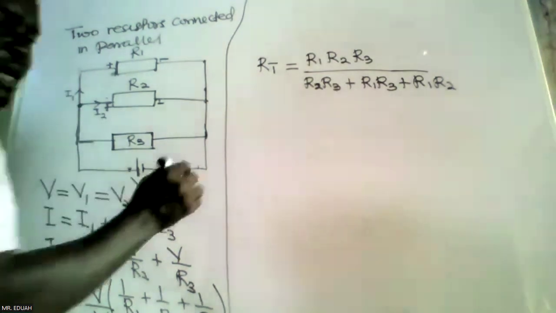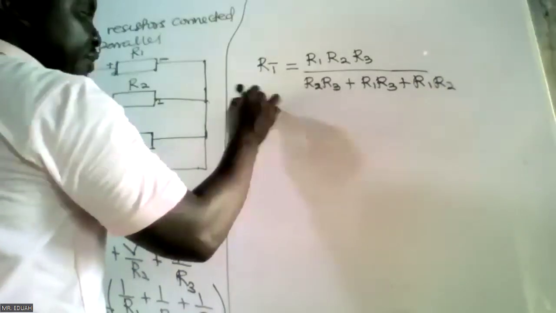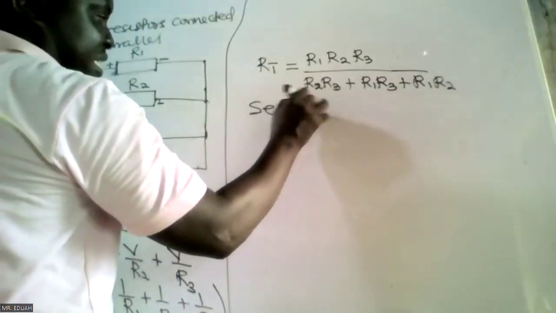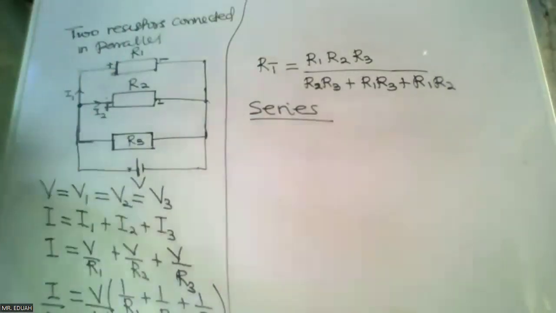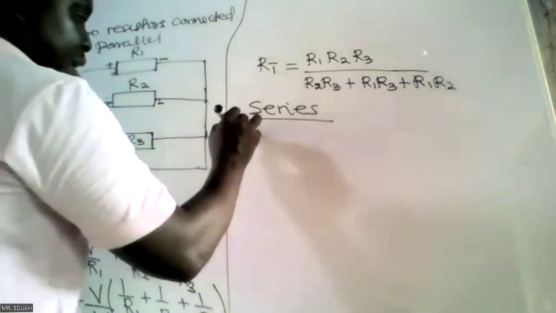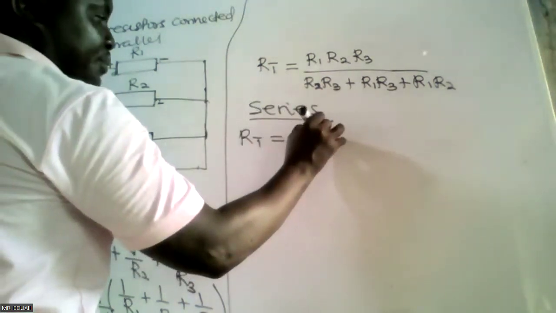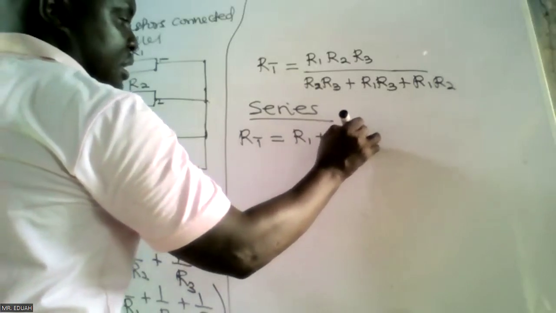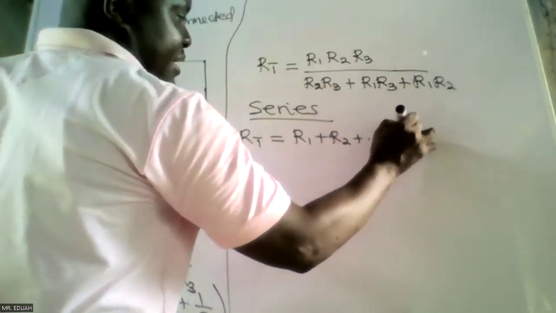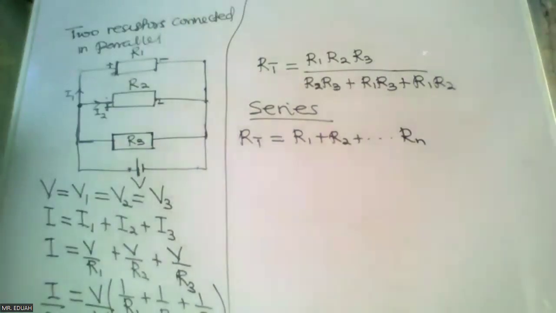So for series connection of resistors, this is what we've seen. The total resistance is R1 plus R2 plus ... to Rn, meaning the nth resistance is the last resistance.